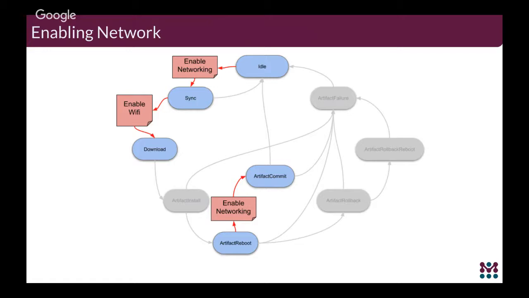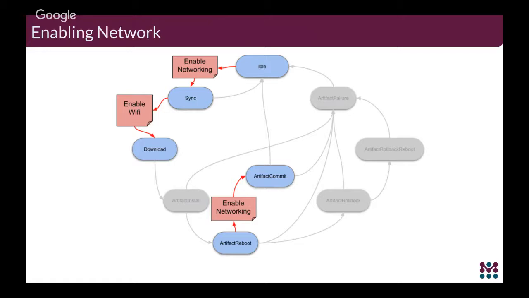Additionally, if your device has a low-speed networking connection, which is maybe lower power, and a high-speed networking connection that you want to use for actually downloading new artifacts to install, you might have two separate states where you enable networking over the low-power connection to check the server, and then enable your high-powered connection, which would typically be Wi-Fi or wired Ethernet, before actually downloading any particular artifacts.